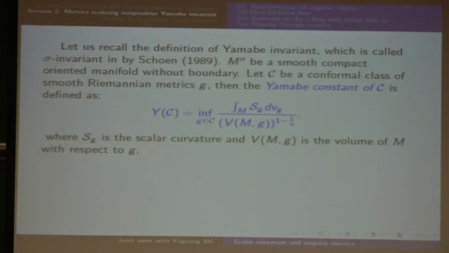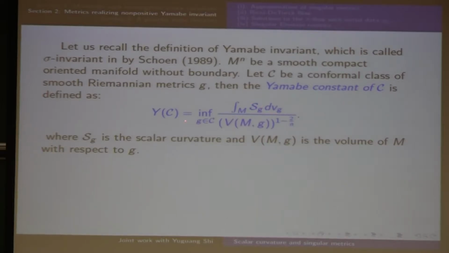So, what is the question we have in mind? Let us recall the so-called Yamabe invariant. We have a Riemannian metric on a compact smooth manifold, so the smooth structure is fixed. We have a smooth manifold, and then we have a conformal class of the metric g. For this conformal class, we have a Yamabe constant.